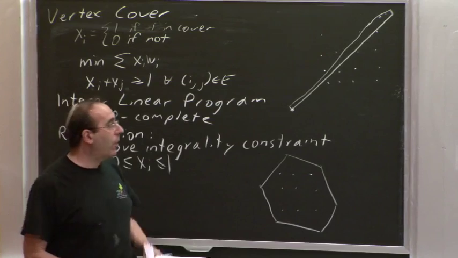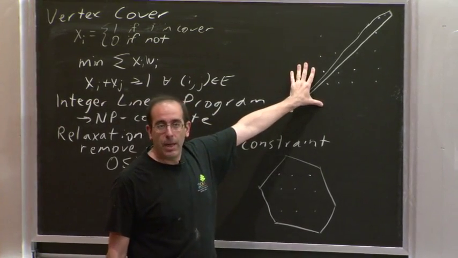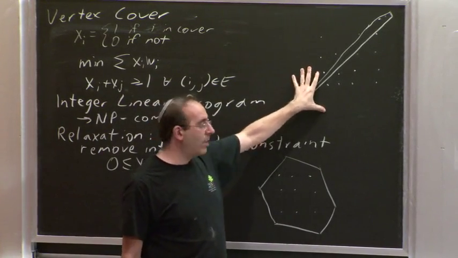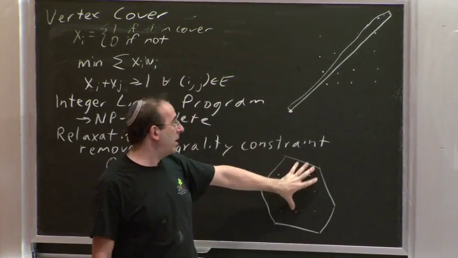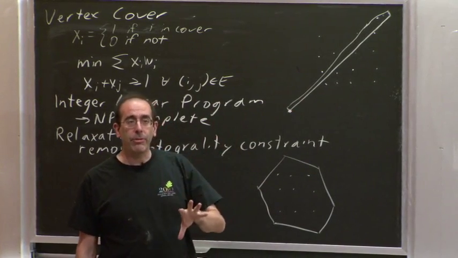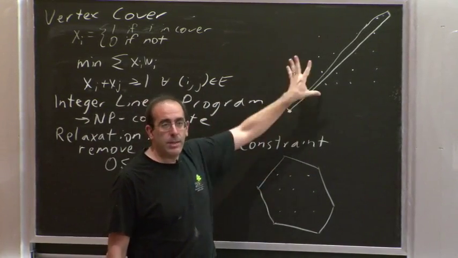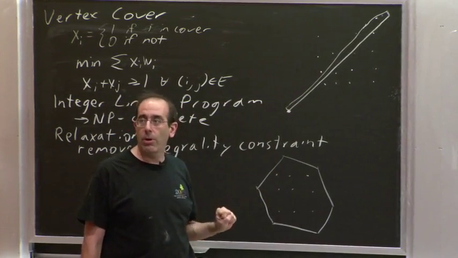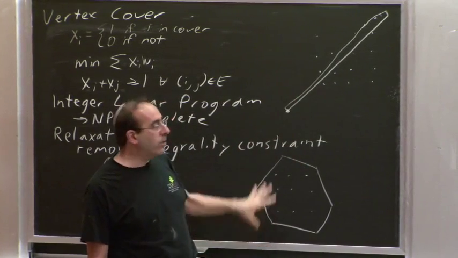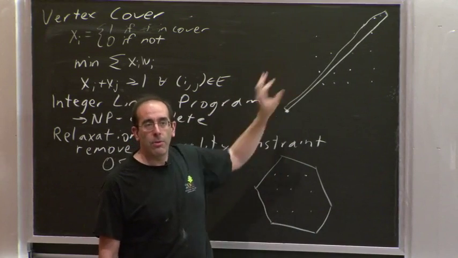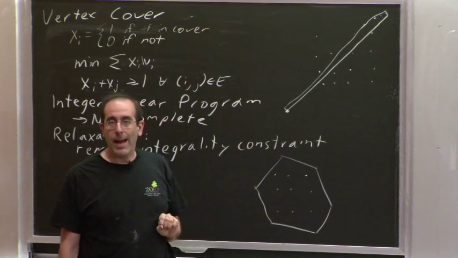Okay? So there are bad integer linear programs and good integer linear programs. And interestingly enough, even for specific problems, there are different ways to write it down as an integer linear program. Some of the ways that you write it down will yield things that round well. Other ways will yield things that round badly.